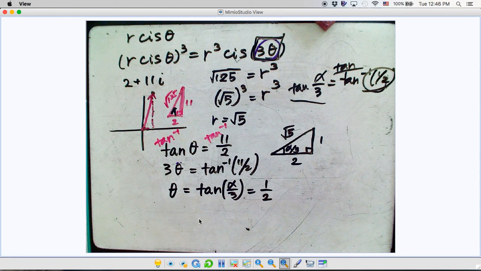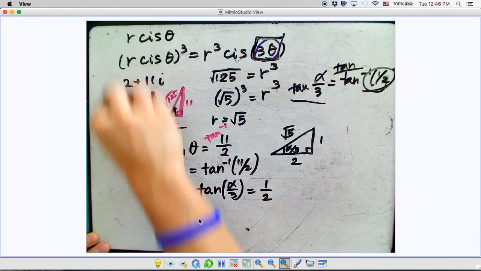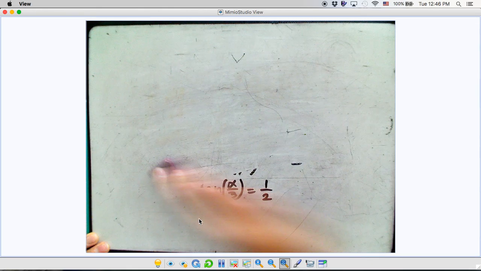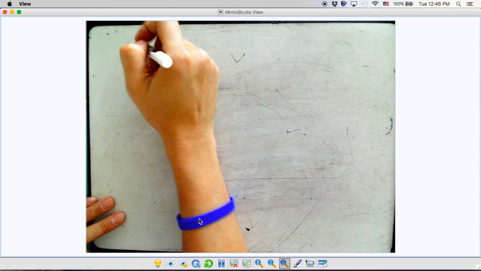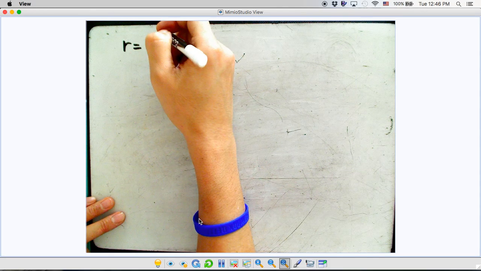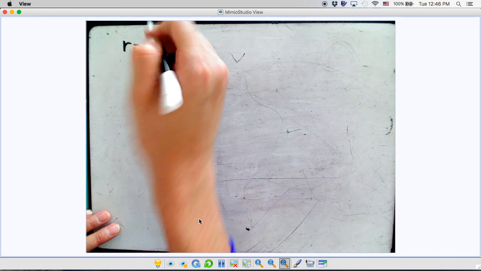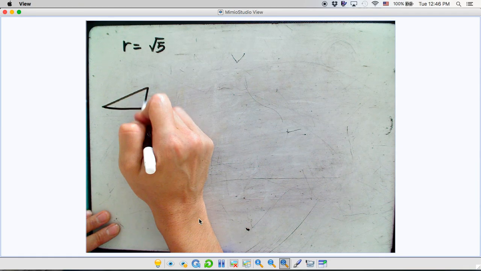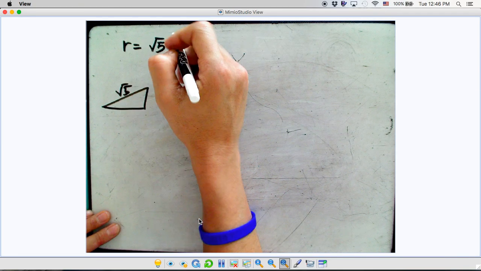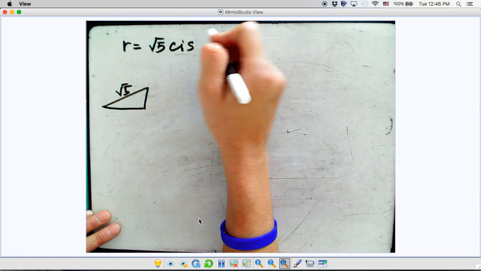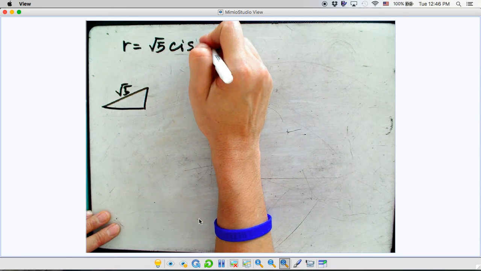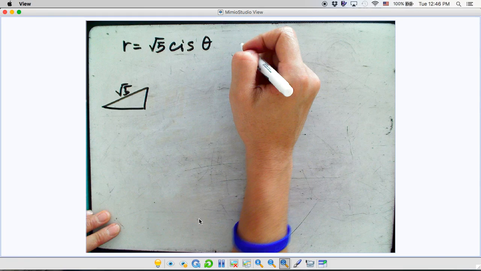So in exercise 1, you'll verify that this answer is exact. So just write it down. r equals square root of 5, which is the magnitude, right? Square root of 5 CIS theta, where we know theta equals alpha over 3.